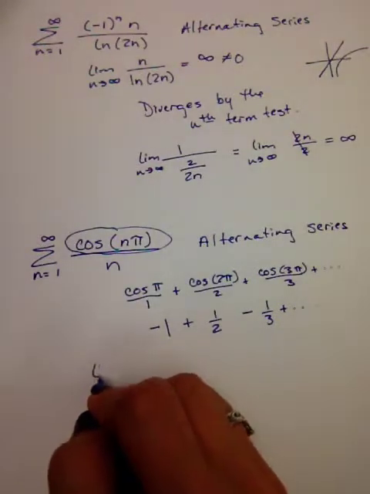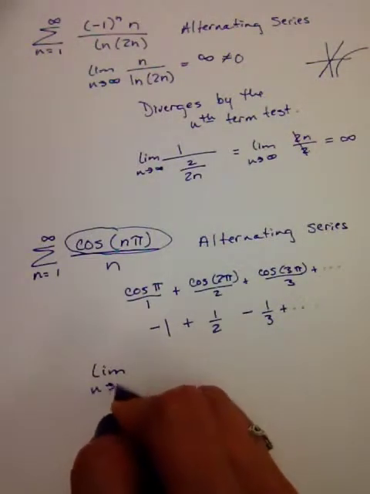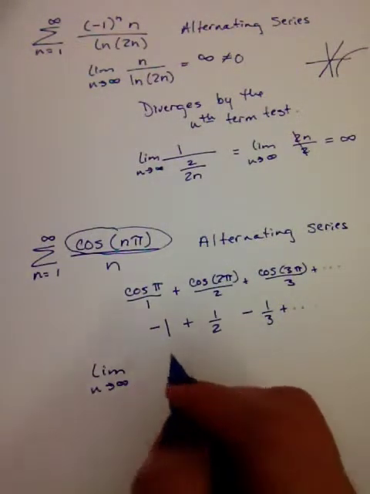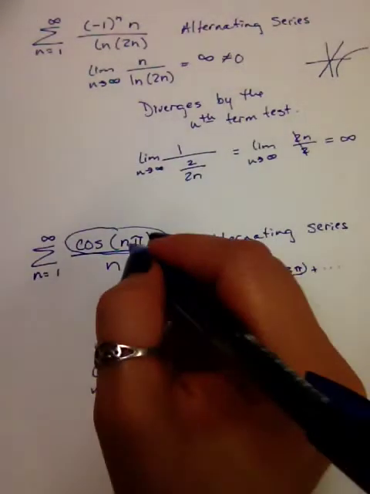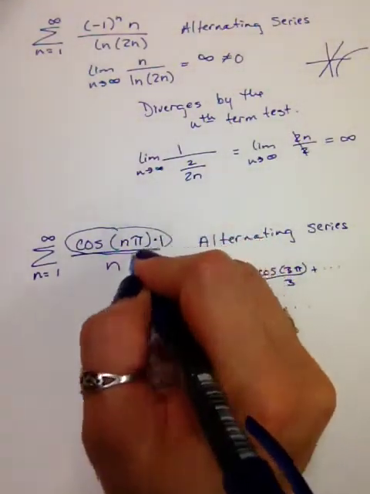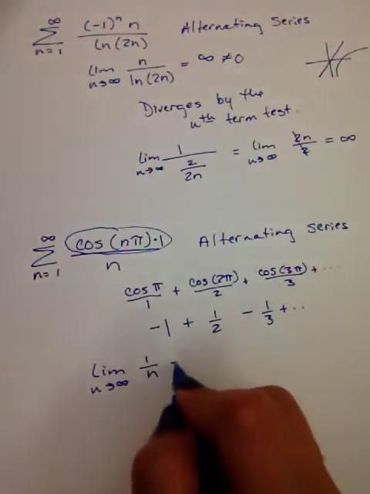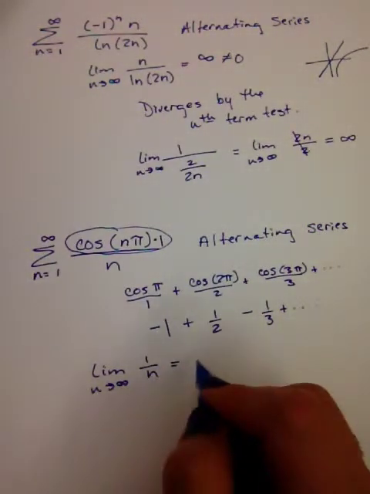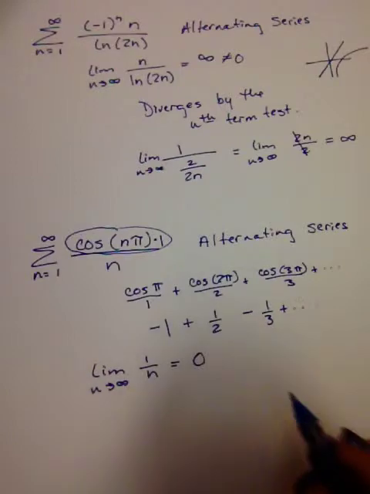Since it's alternating, I'll check the limit as n approaches infinity of the non-alternating part. So it's a 1 over n. I'm just looking at this: cosine will be multiplied by 1, and I have an n in the denominator. 1 divided by infinity actually heads towards 0.